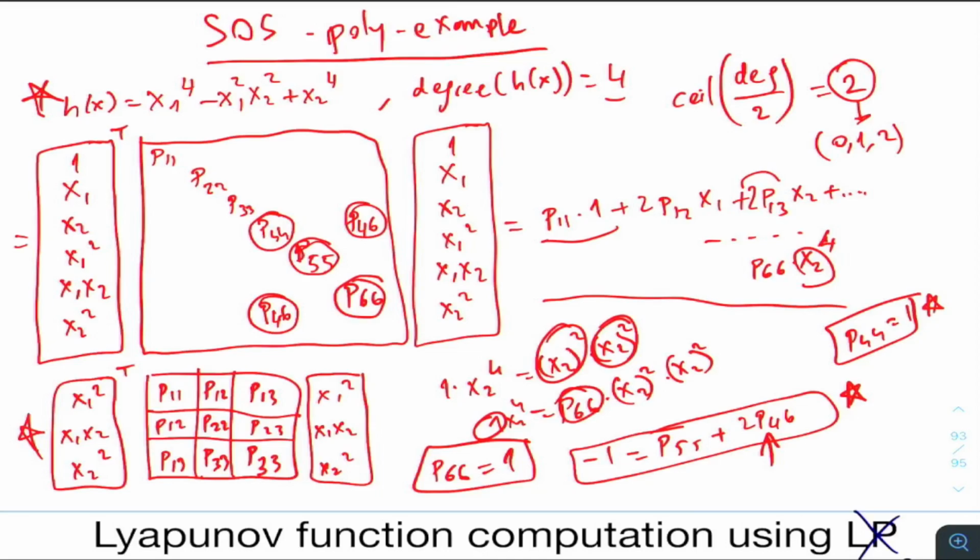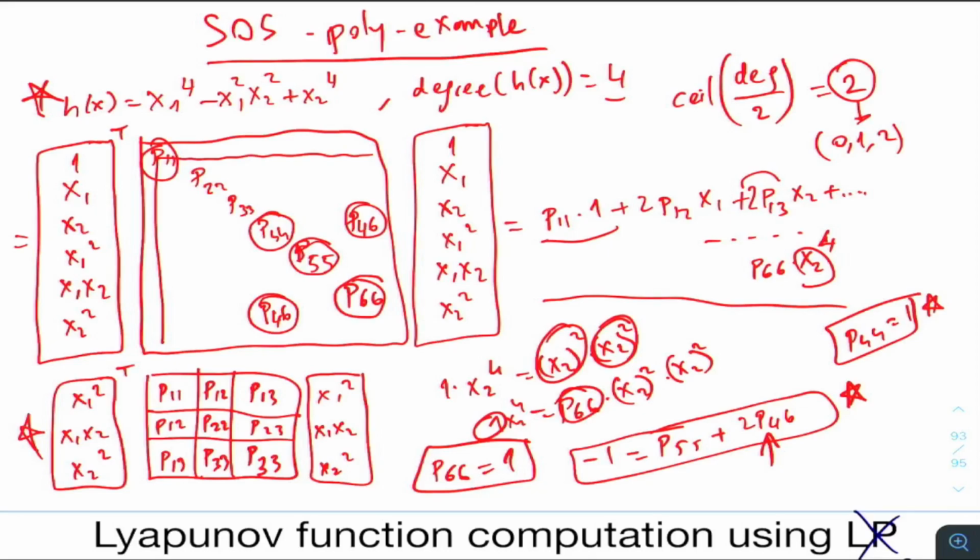All right, P11 is 0, and the whole column of this matrix where P11 is included is also 0, and the whole row that P11 is included is 0, meaning we are just going to get rid of this.